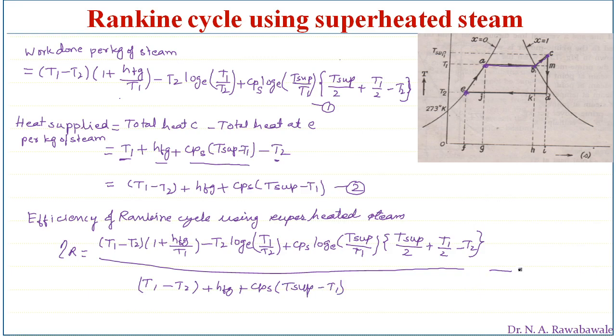So this is equation number 3, which gives us the efficiency of the Rankine cycle in terms of temperature and latent heat of vaporization.